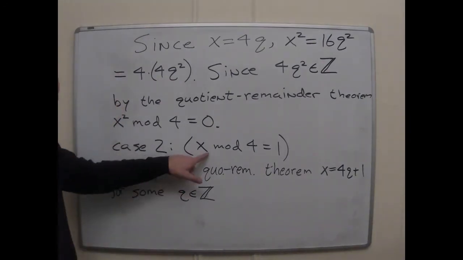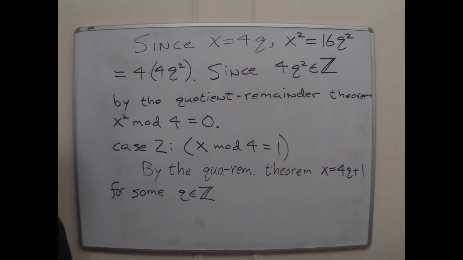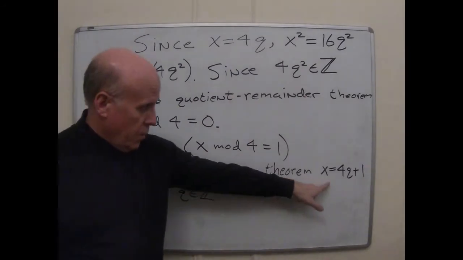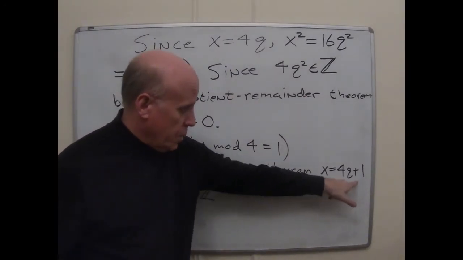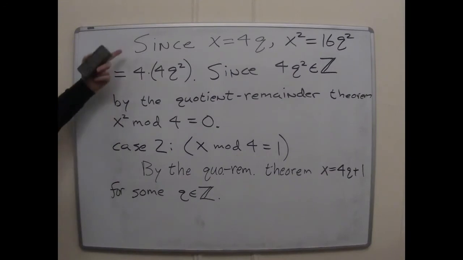Saying x mod 4 is equal to 1 is saying that the r in the quotient remainder theorem is 1, and this is how it's going to look then: 4 times a quotient plus a 1. Great, so just like before, we're going to look at x squared.